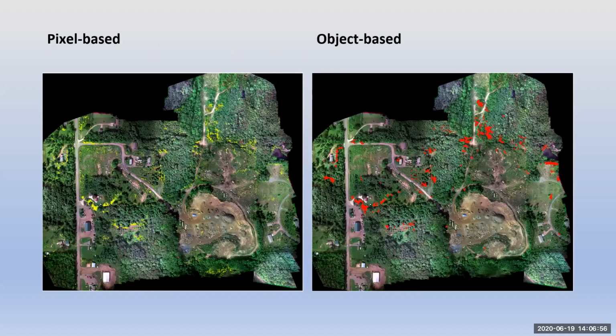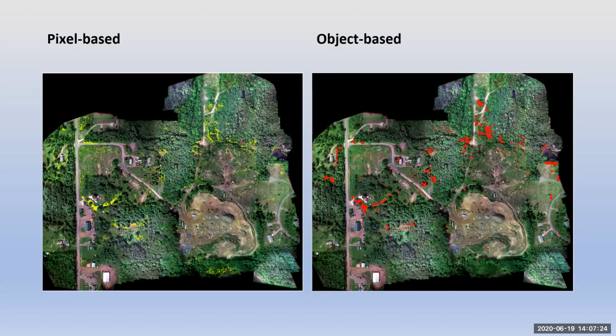These are our two final results, side by side. On the left-hand side, in yellow, you have the pixel-based. It still has that scattered look to it, I call it spray almost, and it's giving a lot of false positives still.